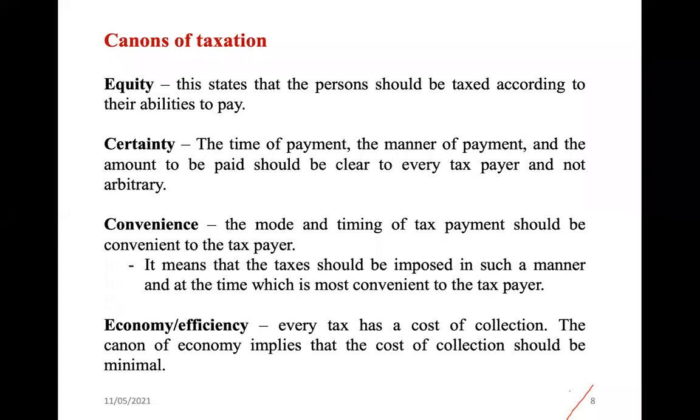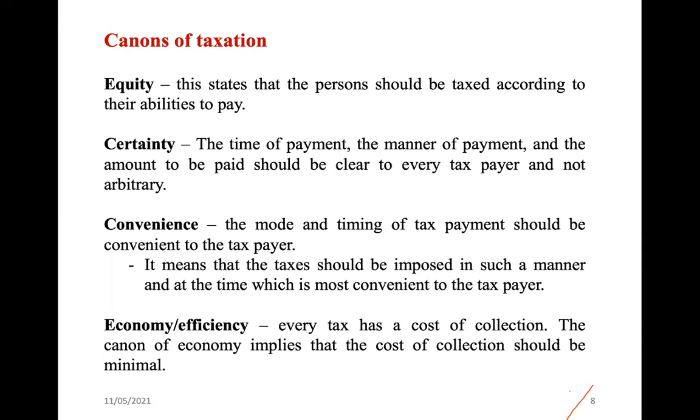What that means is that the taxpayer doesn't have to go about paying the income tax all by himself. Usually the employer will deduct the tax and then pay it to the government. So that is convenient. And then the last canon of taxation is economy or efficiency.